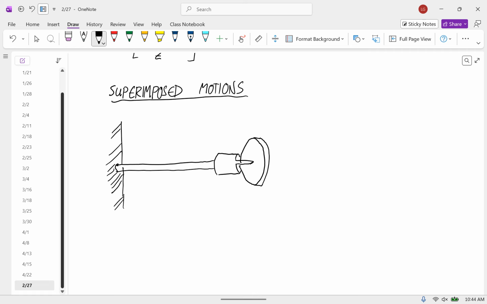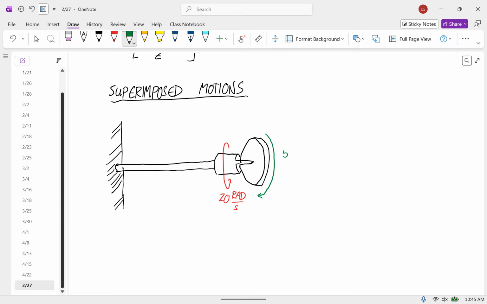And so what we're talking about, bless you, is this armature is rotating around like this. And then at the same time, this wheel is rotating around like this.